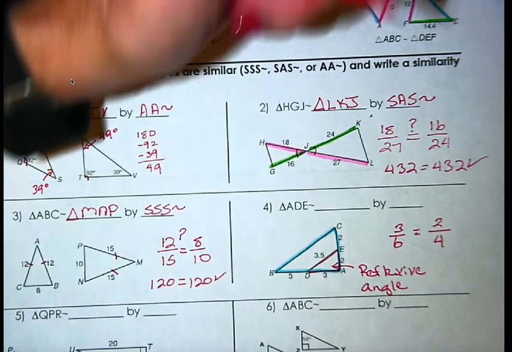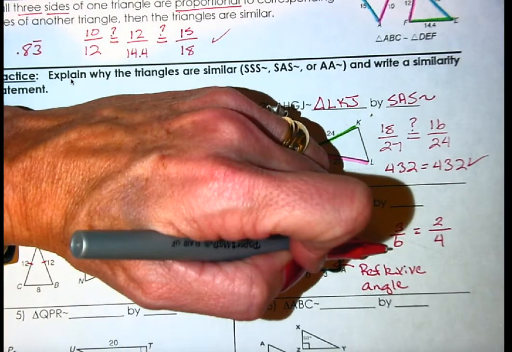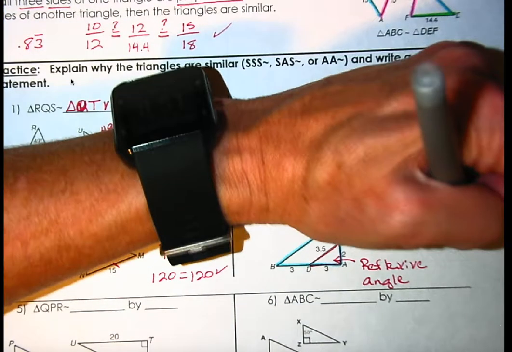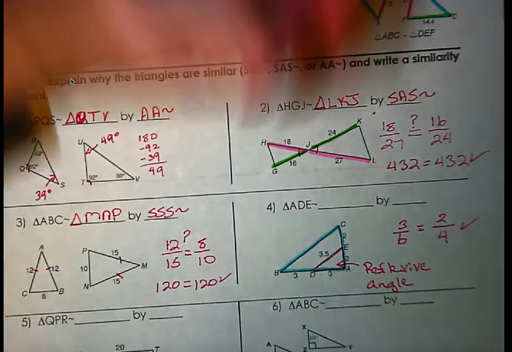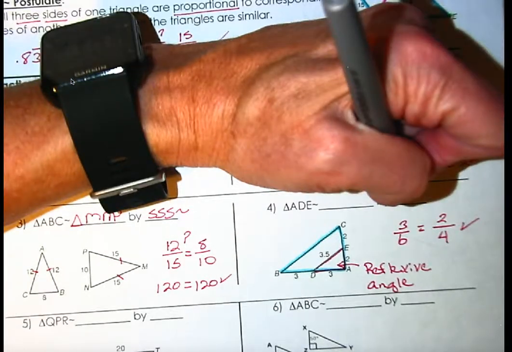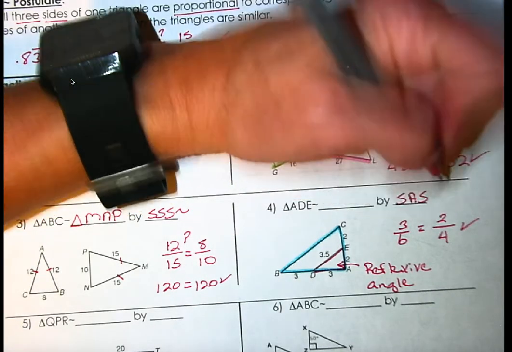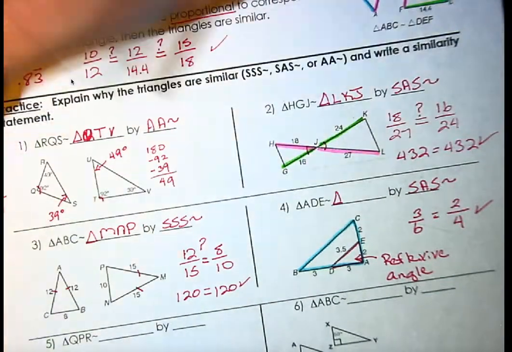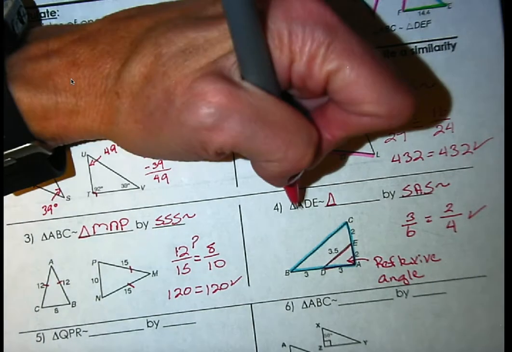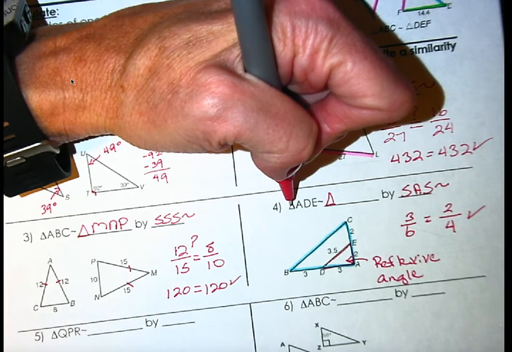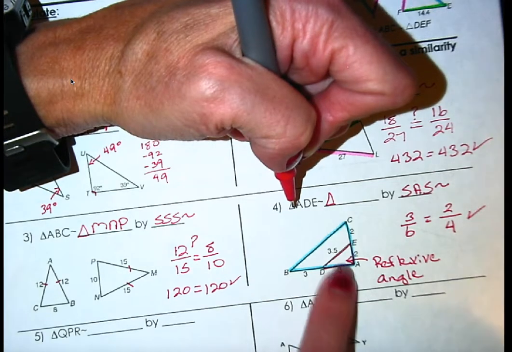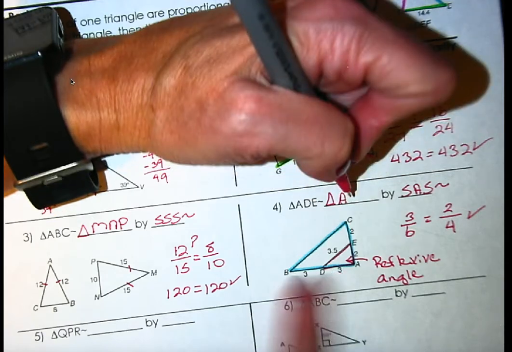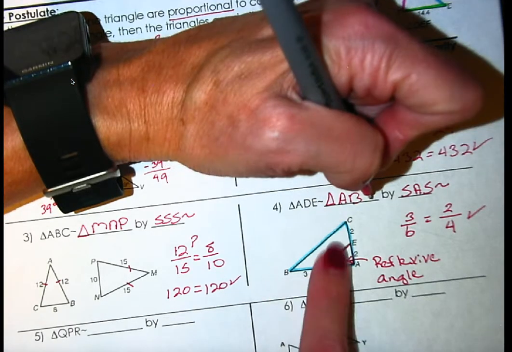Well, I know that those are equal to each other because 3/6 is 1/2, and 2/4 is also 1/2. So those are definitely in proportion. And since I have my reflexive angle, I can say side, angle, side, similarity. If I wanted to write my similarity statement, I would say triangle ADE, that's the little one, is similar to triangle ABC.